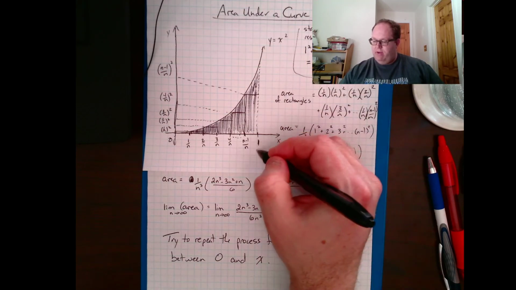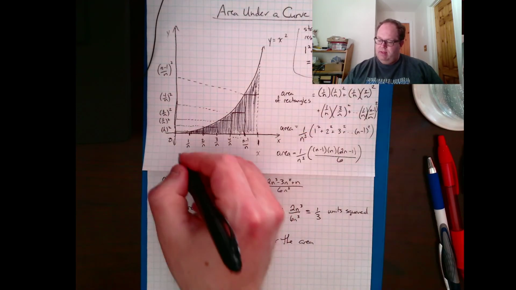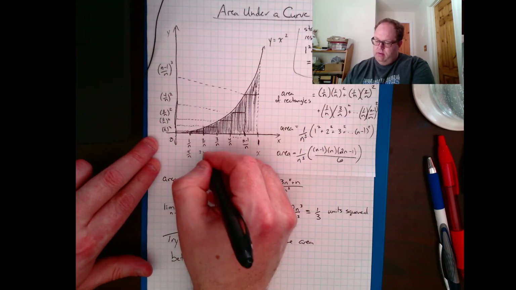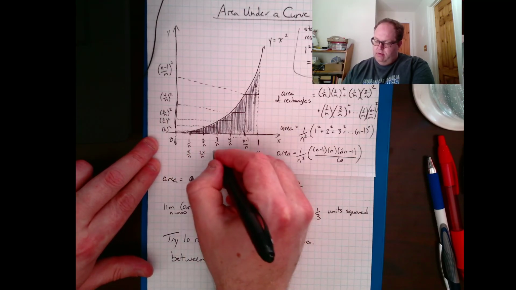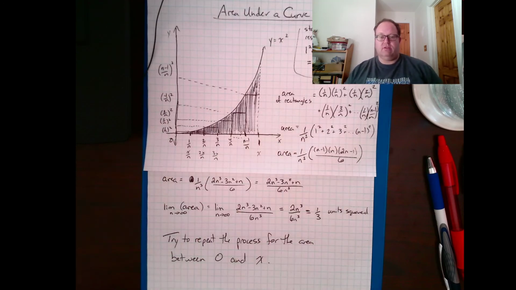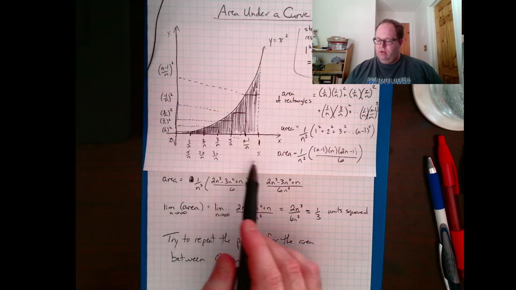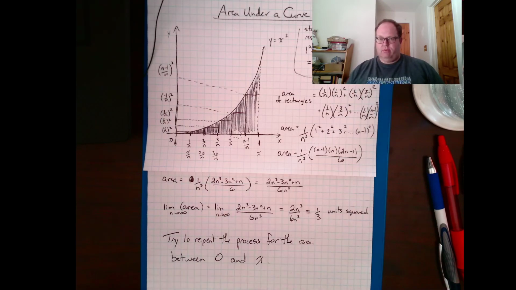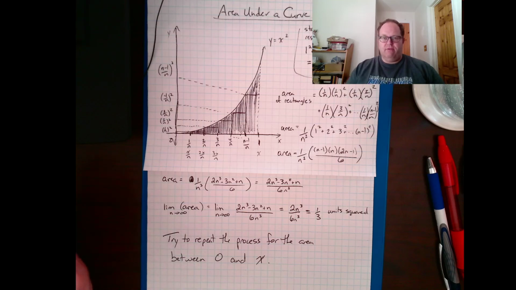That means my n value here would be an x, and these terms would be x over n, 2x over n, 3x over n, and so on. So once again, try to repeat this process going between 0 and x instead of 0 and 1, and see what comes out.